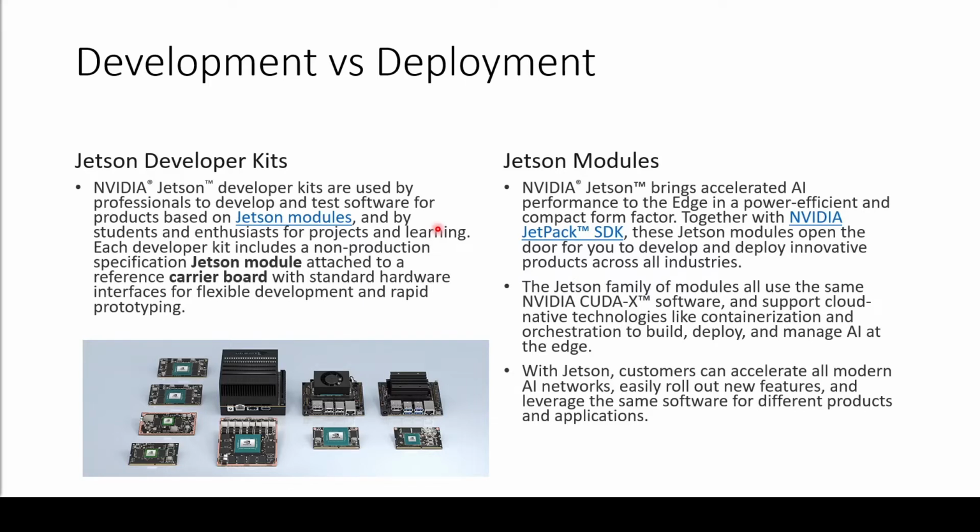NVIDIA Jetson Developer Kit is used by professionals to develop and test software for product based on Jetson module and by students and enthusiasts for project and learning. Each developer kit includes a non-production specification Jetson module attached to a reference carrier board with a standard hardware interface for flexible development and rapid prototyping.